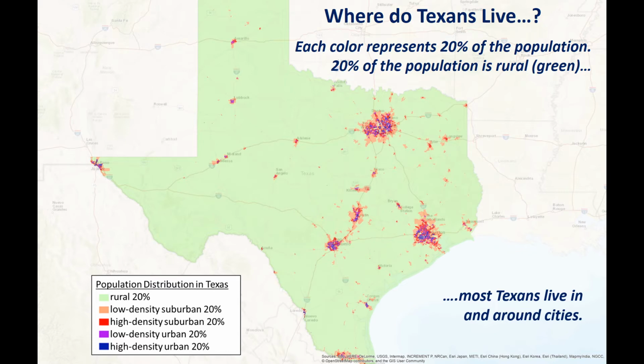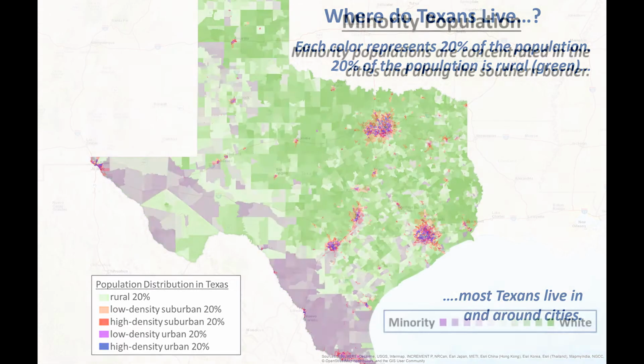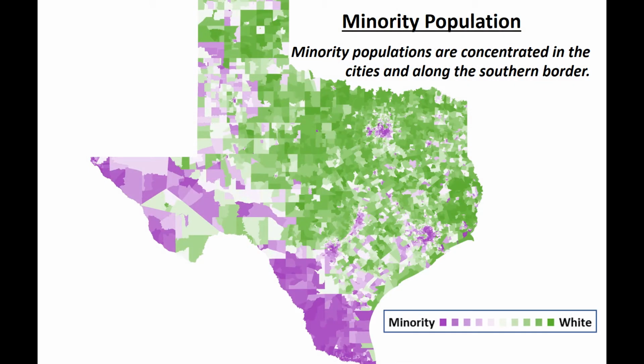Now we know that Texas has a diverse population, so let's look next at diversity across the state. This map shows the relative percentages of minority and white populations across the state. Minority populations are shown in purple, and primarily white populations are shown in green.